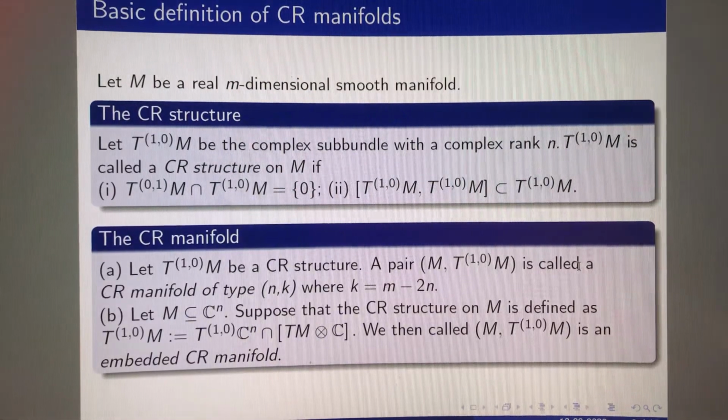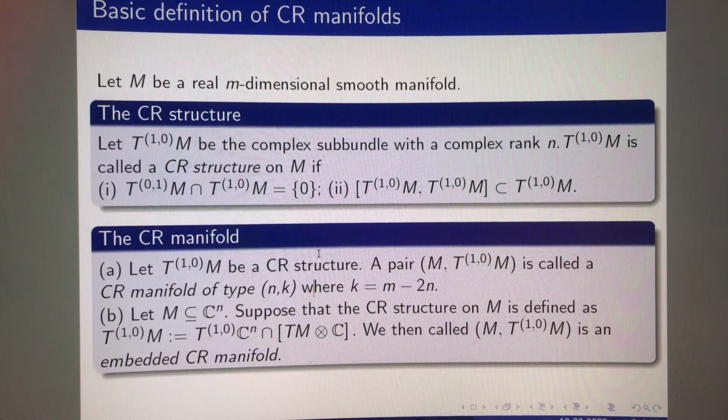Generally, we call a pair of M and the CR structure an abstract CR manifold of type (n,k). Here n is the complex rank of the CR structure, and we also call n the CR dimension, and k is the CR codimension. k is given by the total dimension of this real manifold M minus the real dimension of the CR structure.